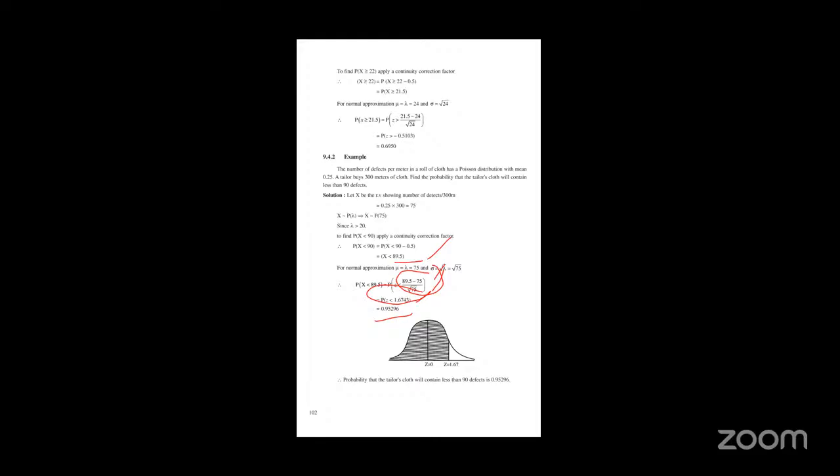This is the diagram representing Z equals 0 and Z equals 1.67. The probability that the tailor's cloth will have less than 90 defects is 0.95296.